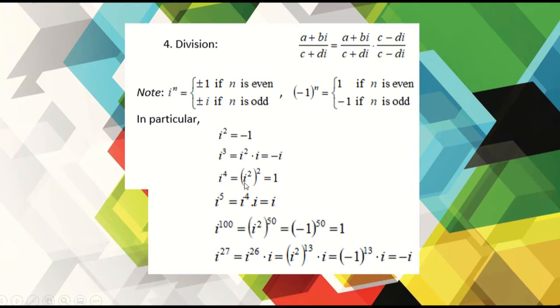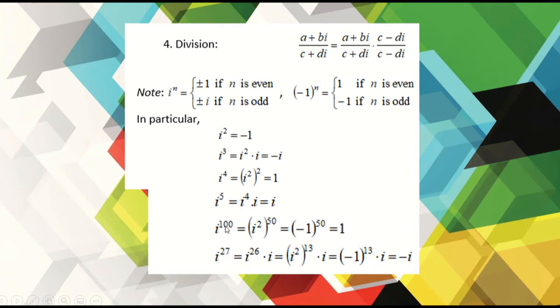We can factor it as I squared times I squared. So I squared again is negative 1. If we square a negative number, that becomes positive. So it is only 1. So I to the power of 5. We can factor it as I to the power of 4 times I. We know that I to the power of 4 is 1. So 1 times I is I.